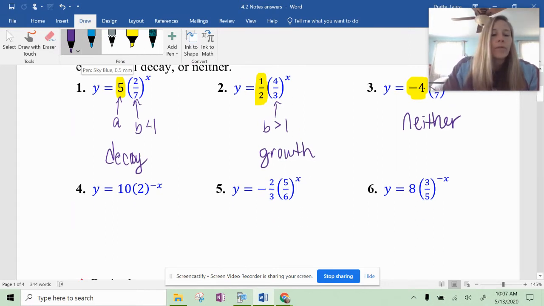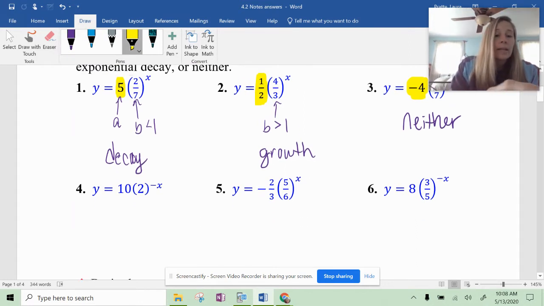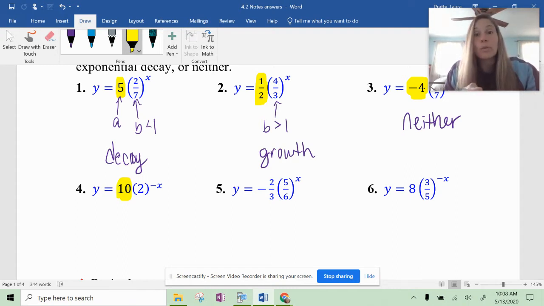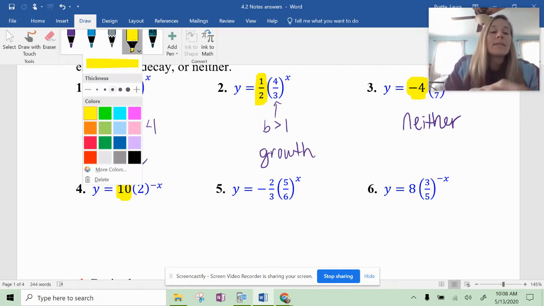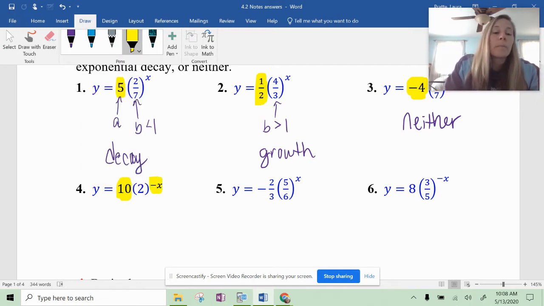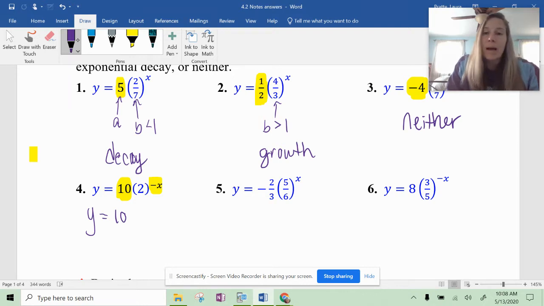Okay, number 4. When we look at the A value, we see that there's a 10 there, which is a positive number, so this could be exponential growth or decay. However, we have this negative X value here. So let's go back and think about our exponents for a minute. How can I rewrite this to make that X positive?